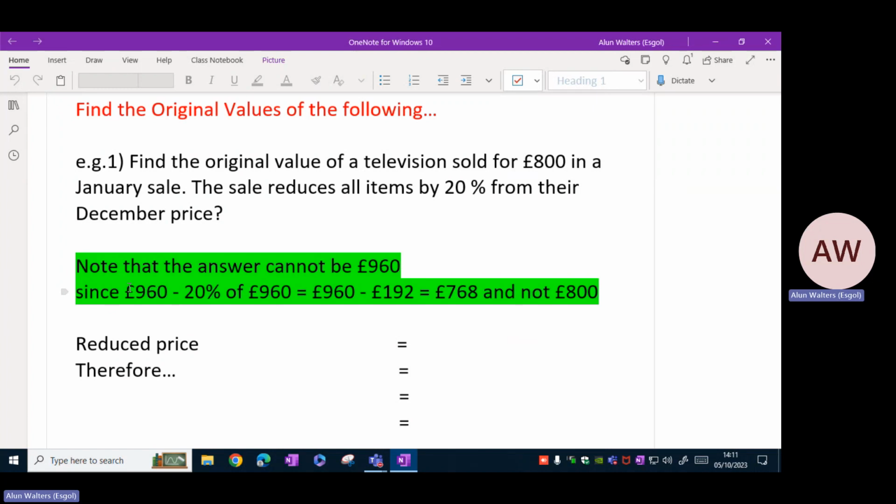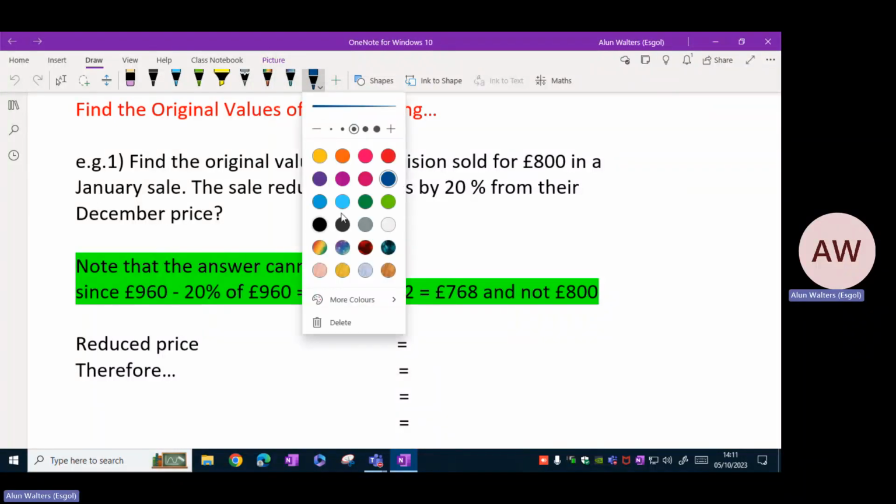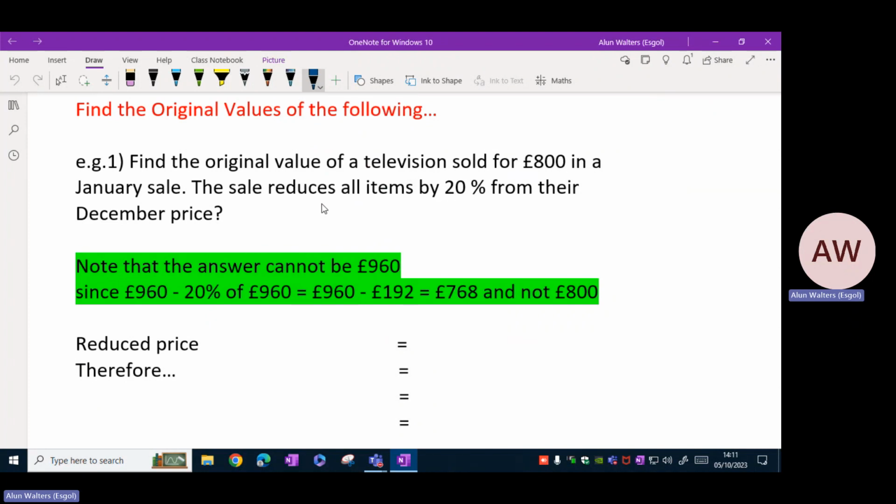Now, I wish to point out here, a lot of pupils will go ahead and do this, which is incorrect. They will say that if we're taking 20% off a value to get £800, they will say £800 plus 10%, which is £80, plus another 10%, which is £80, and they'll end up getting £960.